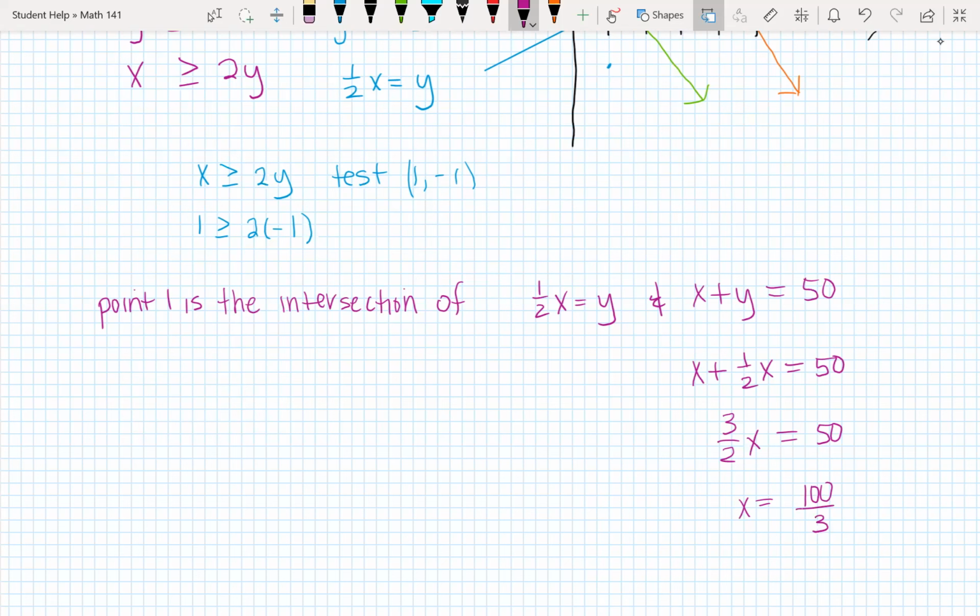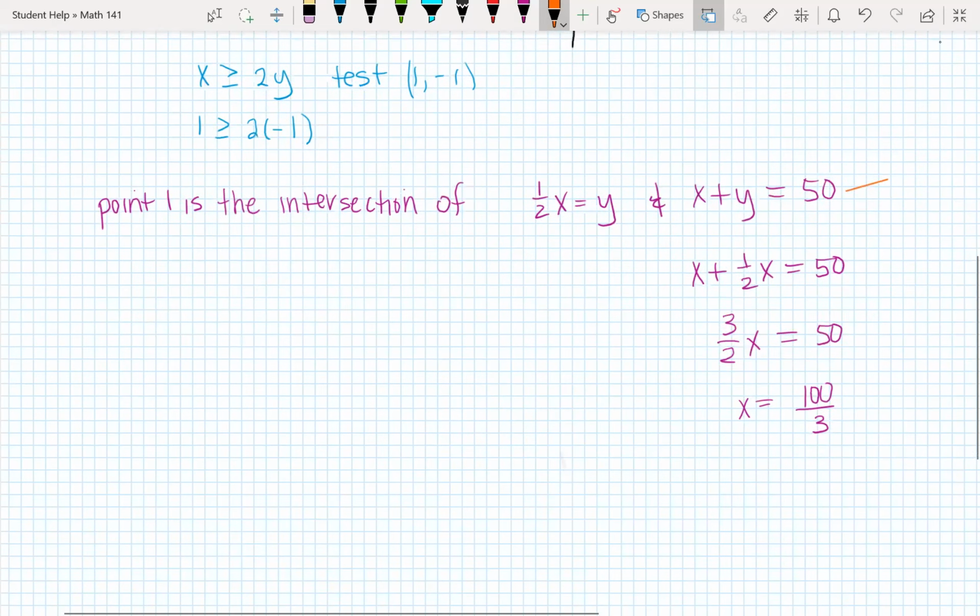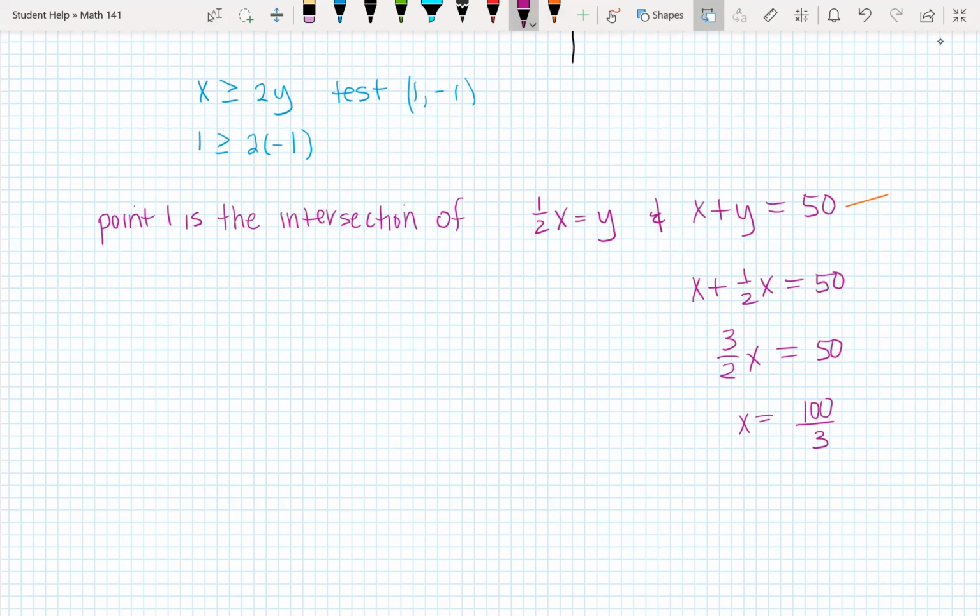And then I have to go back and figure out what y is, plugging it back into this equation here. And so I'll end up with y equals 50 over 3, because if I have 150 divided by 3, that would be 50. So these are the coordinates of that first point. This is point 1.